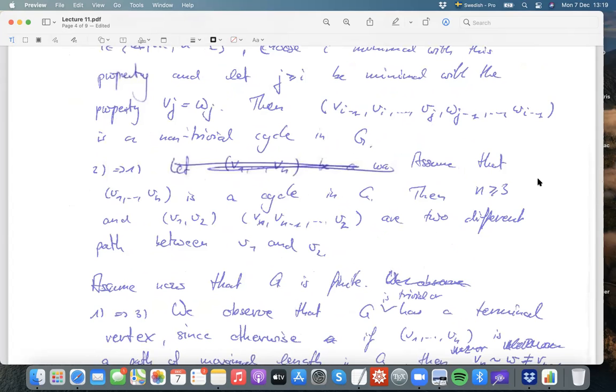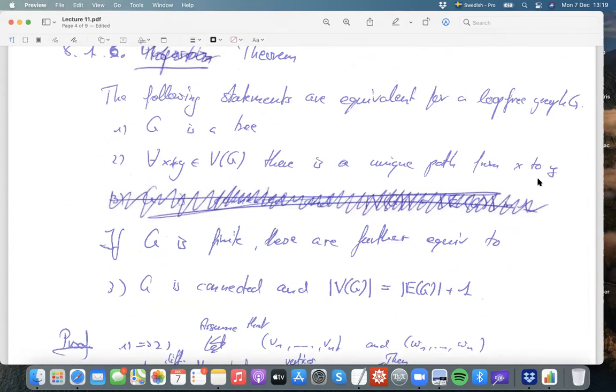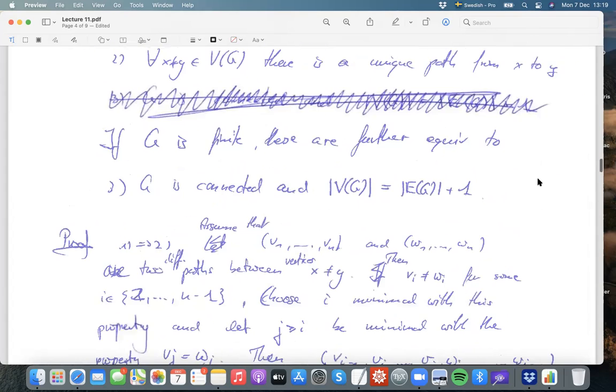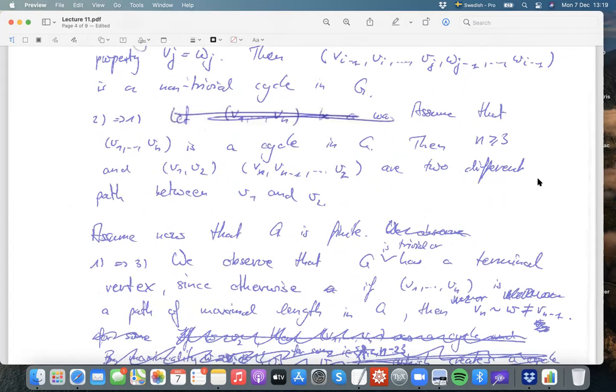Okay, now why is it that if we have a tree, then the number of edges is one less than the number of vertices? What is it that we want to say?